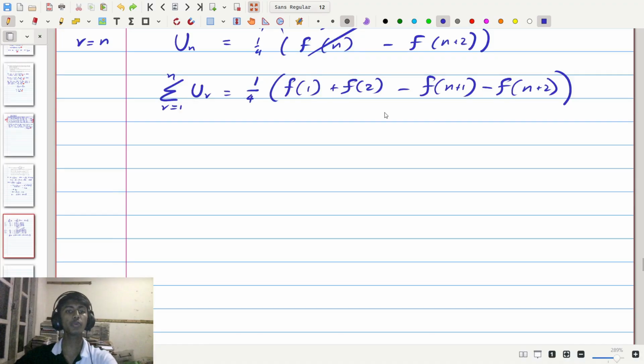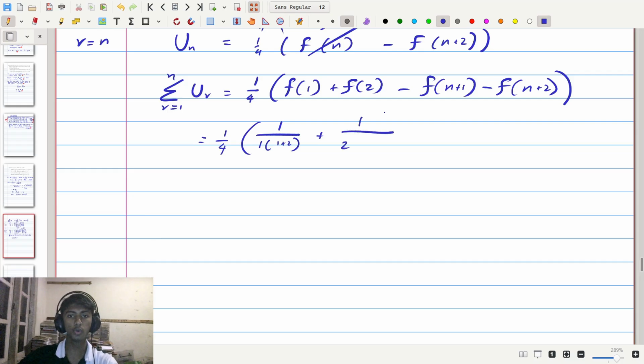Now, if we do that, we can see we're going to get 1/4 of, and here we have f of 1, which is 1 over 1 times 1 plus 2, which is 3, and f of 2, which is 1 over 2 times 2 plus 2, which is 1 over 8. So we have 1 over 8 here, 1 over 3 here, and then we have minus 1 over r, which is n plus 1, times r plus 2, which is going to be n plus 3 here.